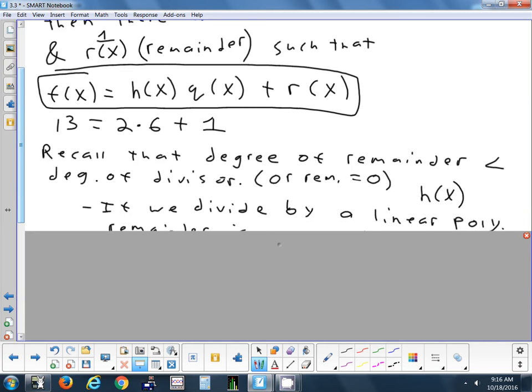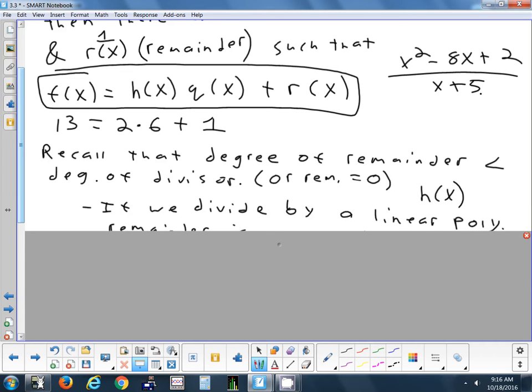All right, so let's say I had a problem and I divided by a linear polynomial. I'm just going to make something up. x plus 5, that's a linear polynomial. It's a line with a slope of 1 and a y-intercept of 5.